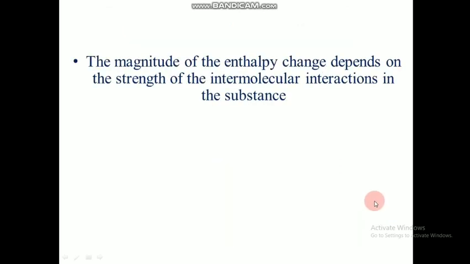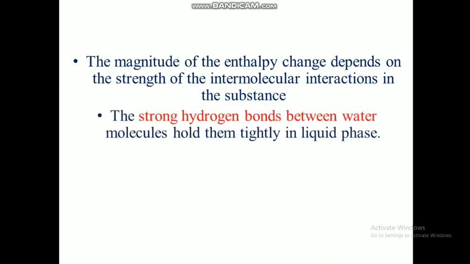The magnitude of enthalpy change depends on the strength of intermolecular interactions. That's what we said just now, that naphthalene needs more energy and CO2 needs less. All this energy change is because of the intermolecular interactions of that particular substance. Stronger hydrogen bonds are there between water molecules and hold them tightly.